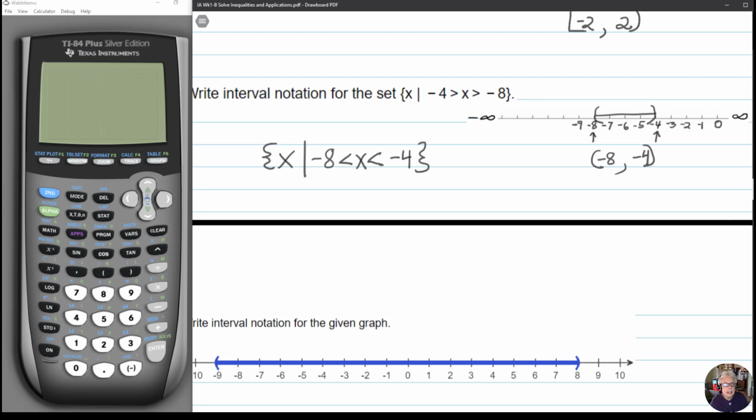Or you can say less than. -8 is less than x and x is less than -4. This is the way the set builder notation should be written. You never have arrows going that way. They always go this way. Okay.